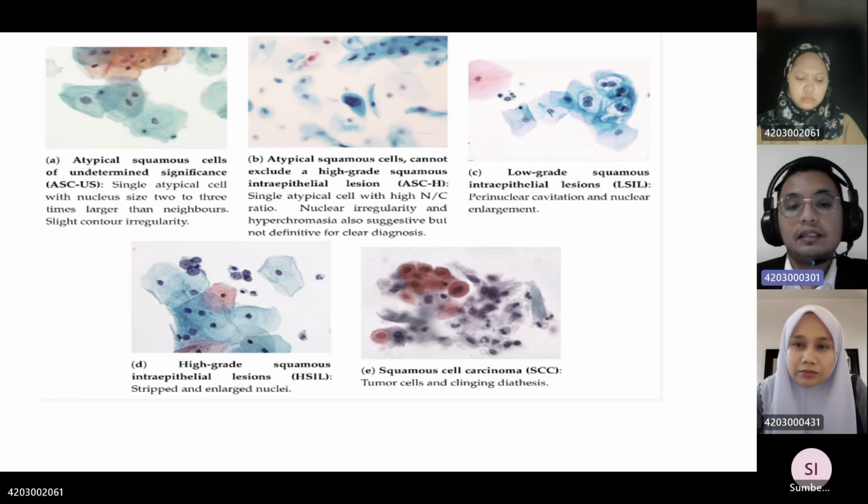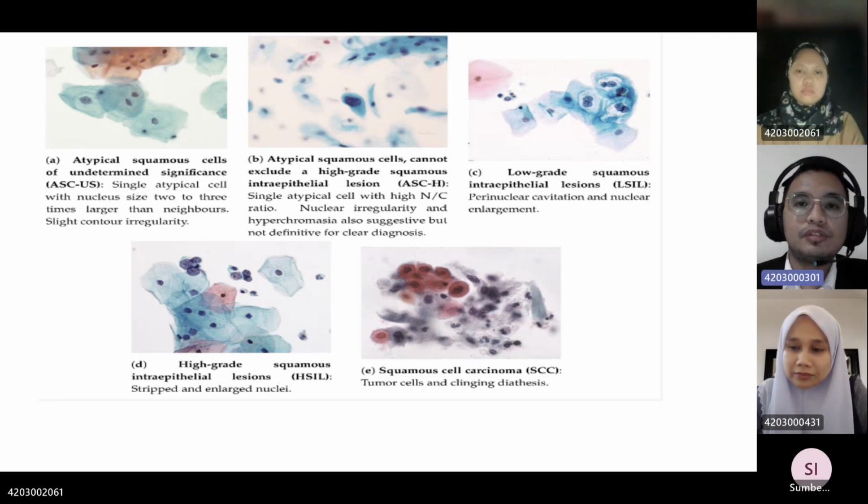High-grade SIL indicates the presence of moderate to severe cellular abnormalities, which include high NC ratio and irregular cells in the squamous cell of the cervix. Similar to low-grade SIL, high-grade SIL is usually caused by HPV infection. High-grade SIL carries a higher risk of progressing to cervical cancer if left untreated compared to low-grade SIL.